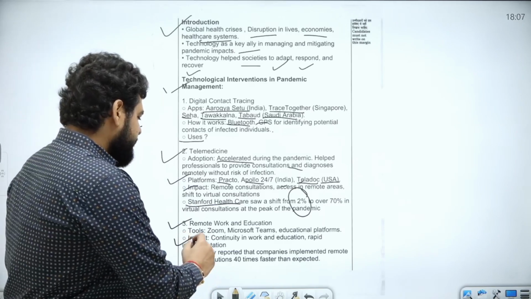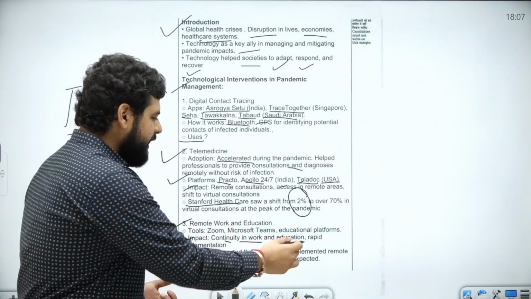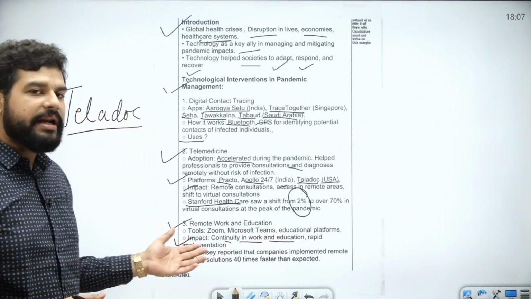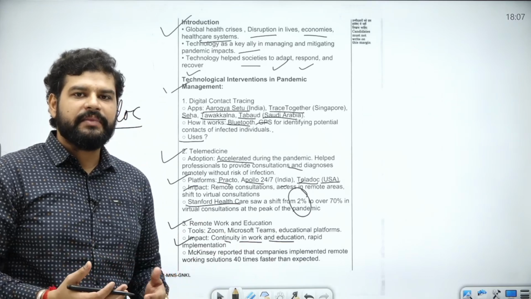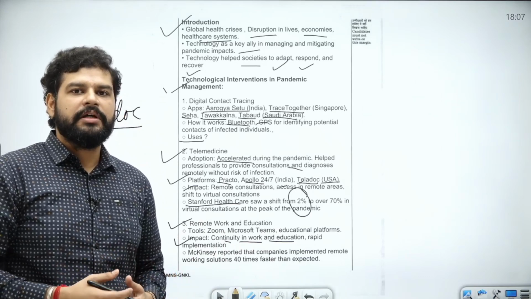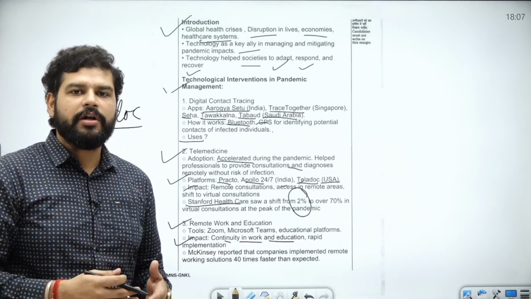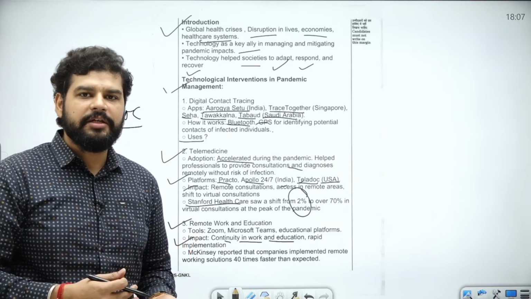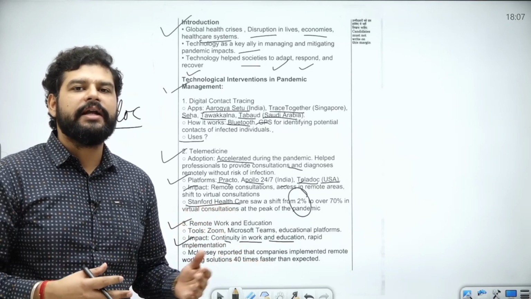So what it led to was continuity in work and education, of course, and this was rapidly implemented because there was no other way. So due to COVID, digital adoption rose almost to double. Many people who were not accepting the online way of working had to do so. This applies to both employees and employers.